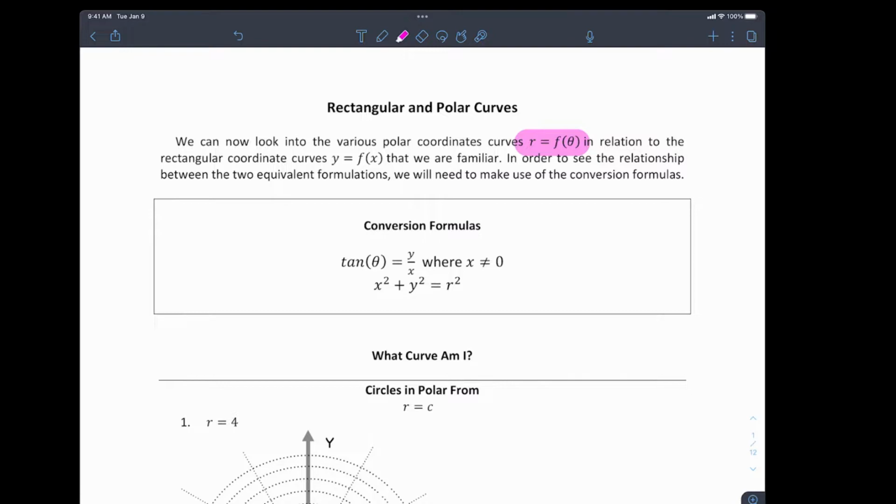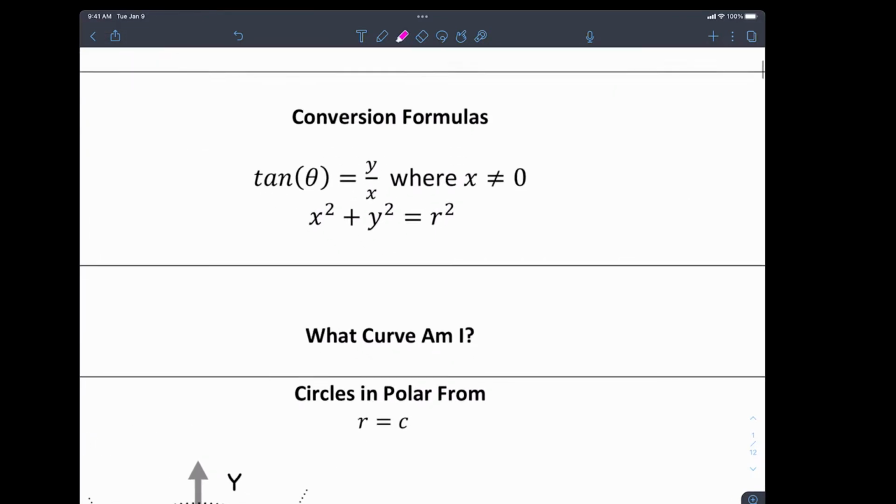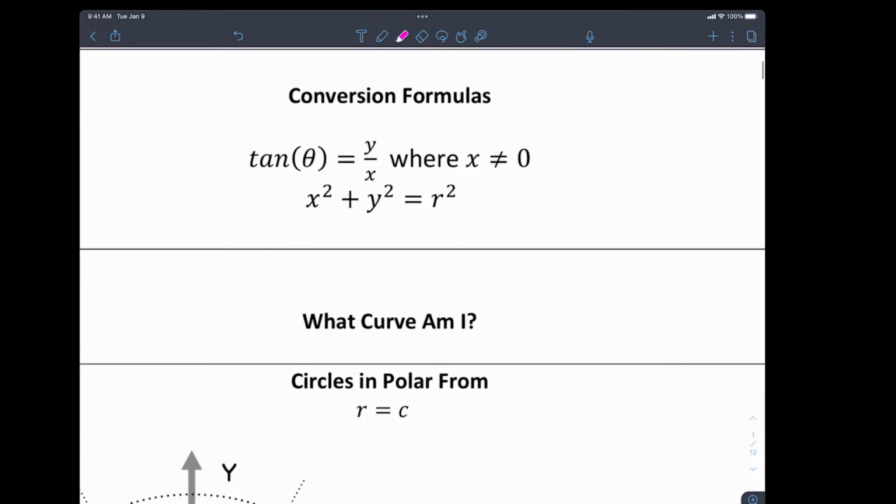If you're taking pre-calculus, there's a lot of curves. Those are rectangular. Polar makes things easier to some degree for some situations. So you have to be able to think about that. There's a relationship between the two formulations. We already started working with this. We have the conversion formulas. We know what that is.